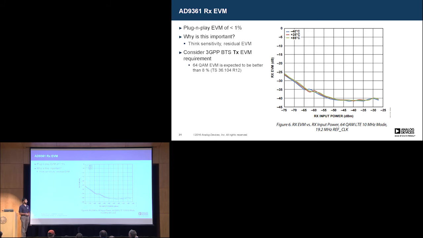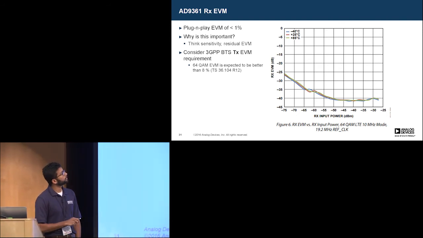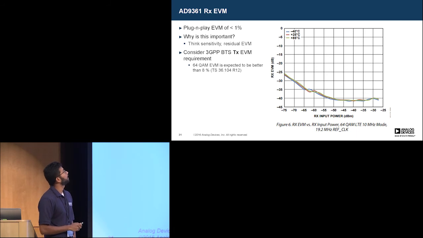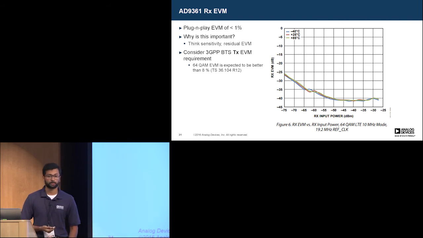So you end up having to build transceivers that are going to beat any margin that you put in. To show you again with respect to TX EVM, there is an actual requirement in terms of BTS conformance testing. Let's say you want to run 64 QAM, you need to be at least at 8% or better, which is what customers really require.